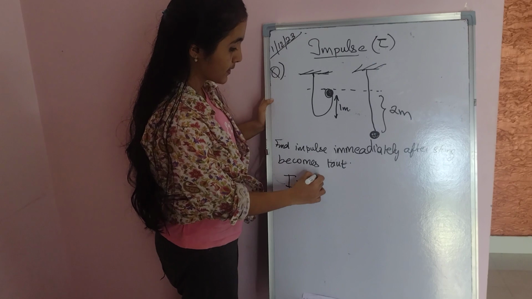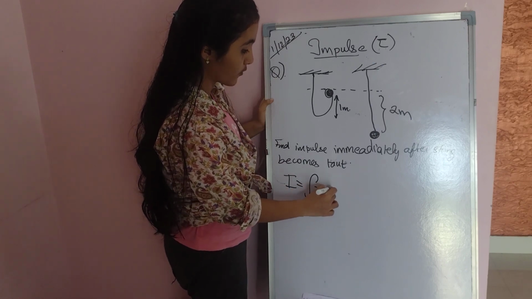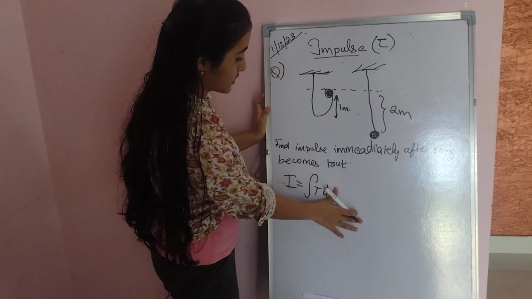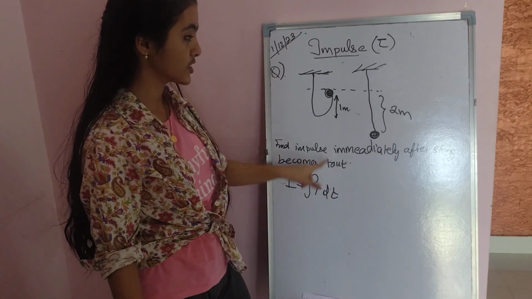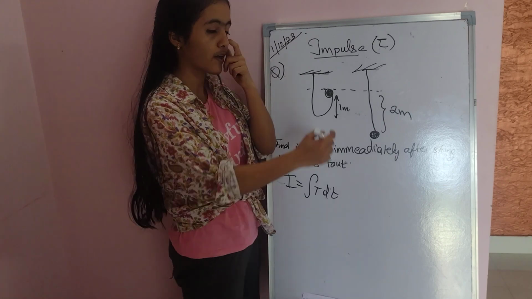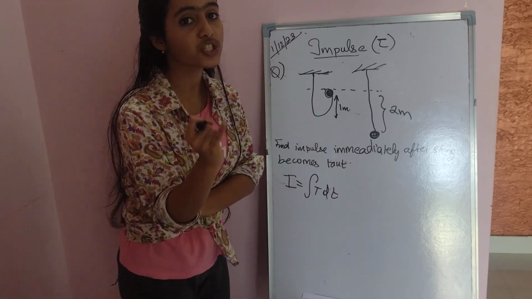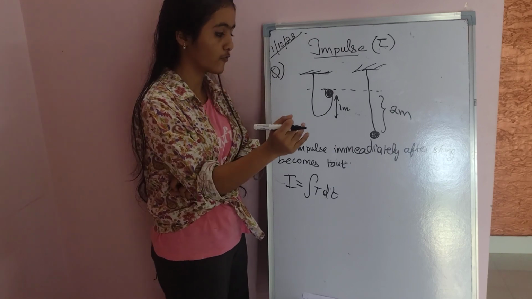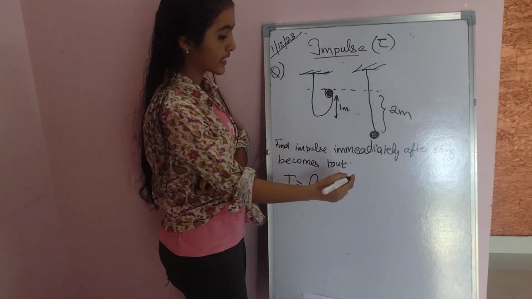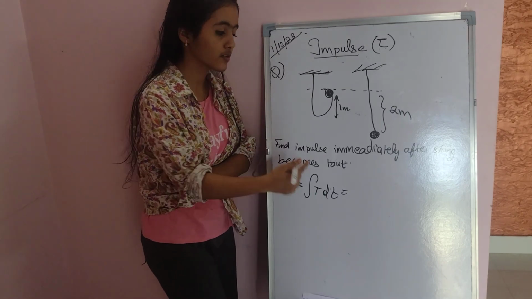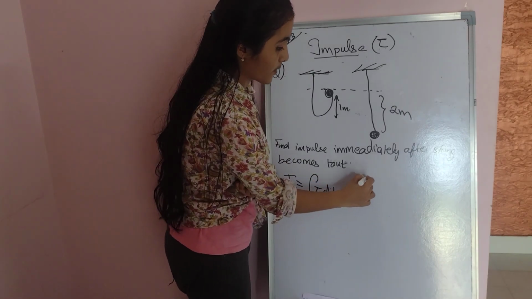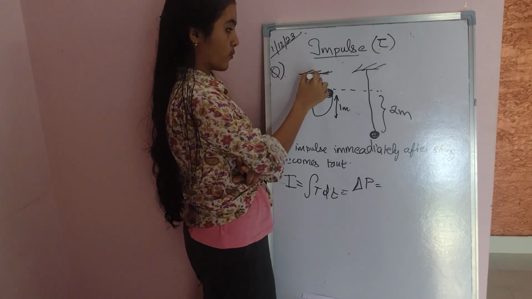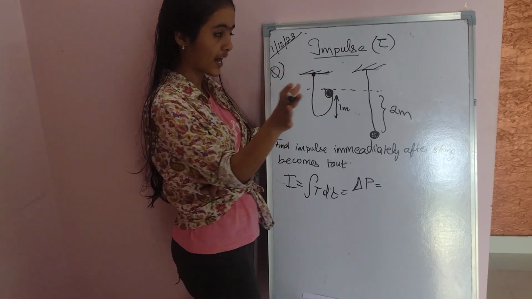Now we have to find impulse. Impulse is the integral of T dt. T is the tension, and here tension is the impulsive force. We have learned that in this case, tension is the impulsive force. We cannot calculate the integral directly, so we take it as delta P. Initially, the ball did not have any velocity.